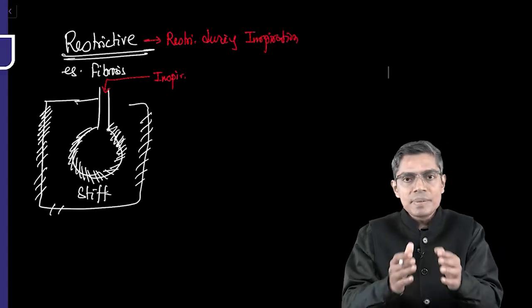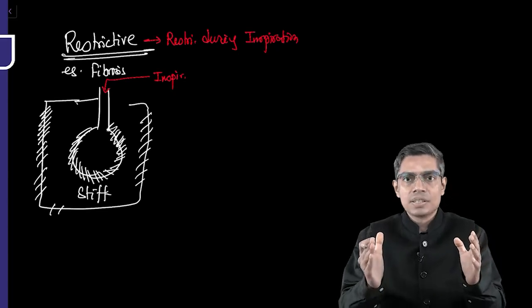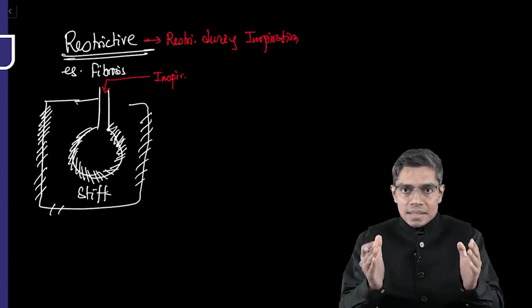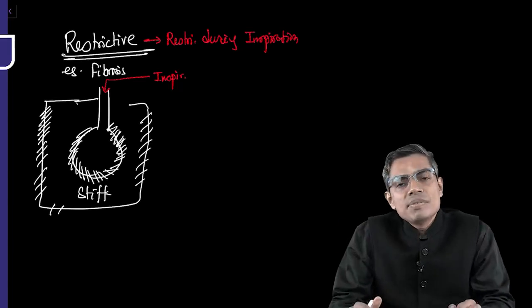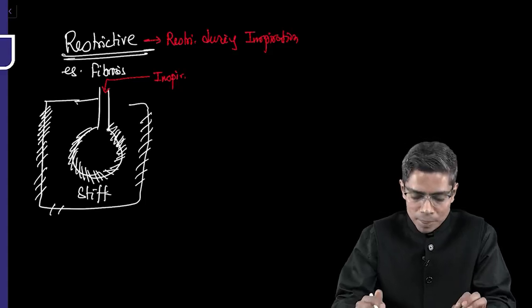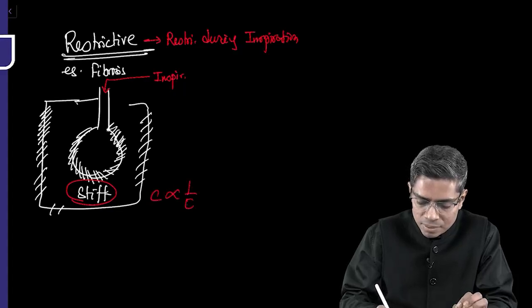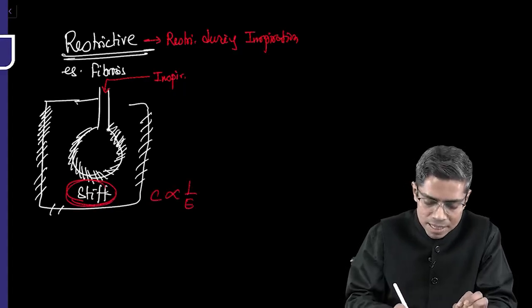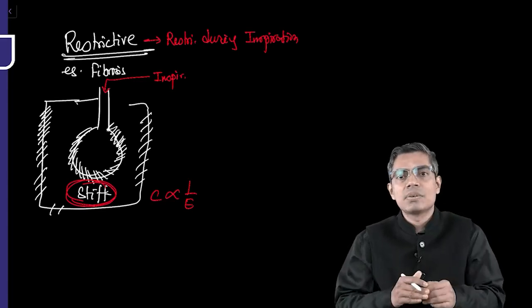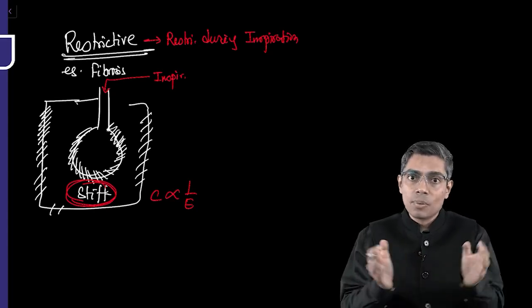But if you are able to expand this lung a little bit, because the lung is harder, the elastic recoiling of this lung will be very fast. Why? Because I told you that compliance of this person will be lesser, but compliance is inverse of elasticity. So what will happen to the elastic recoiling force of the lung suffering from fibrosis? Elastic recoiling force will be more.